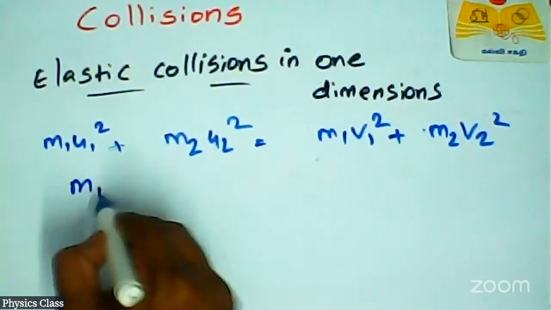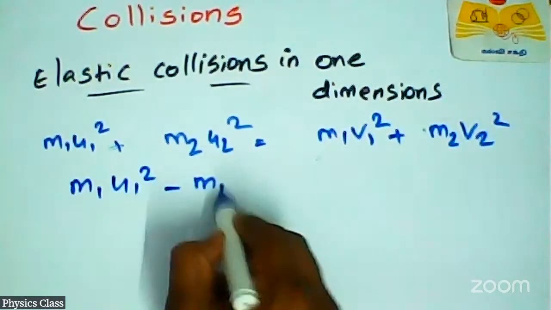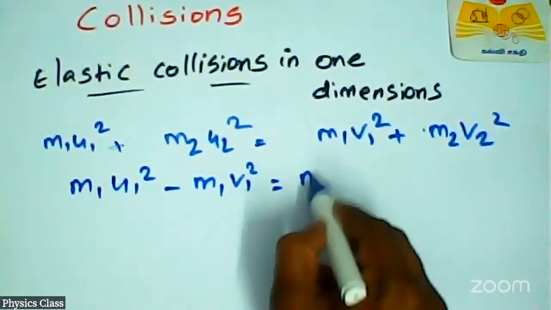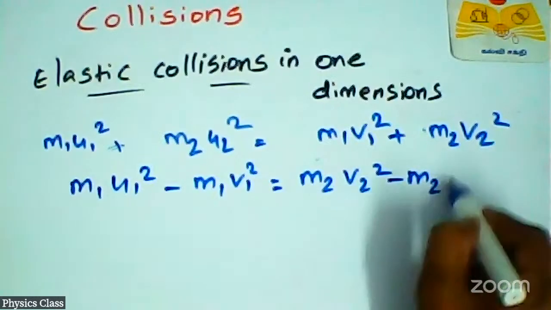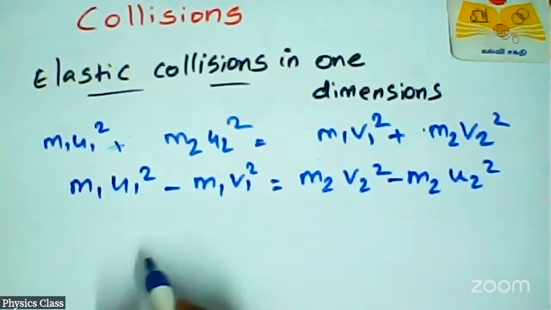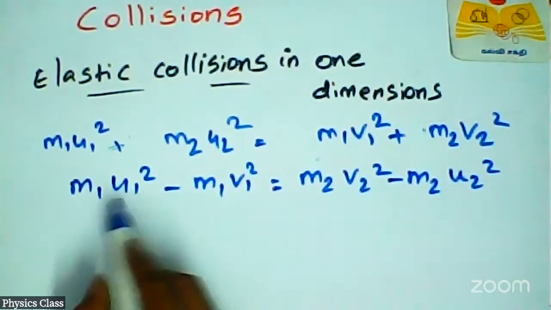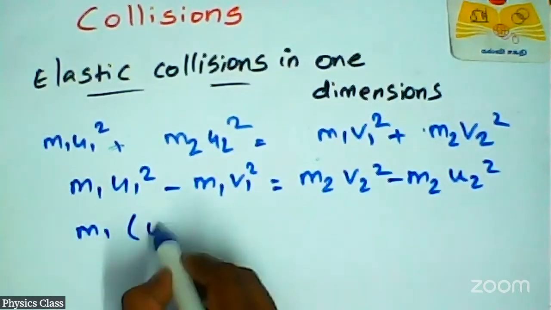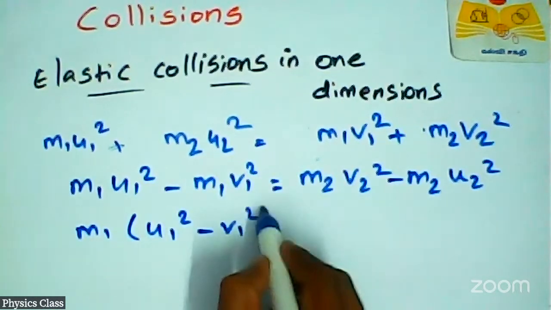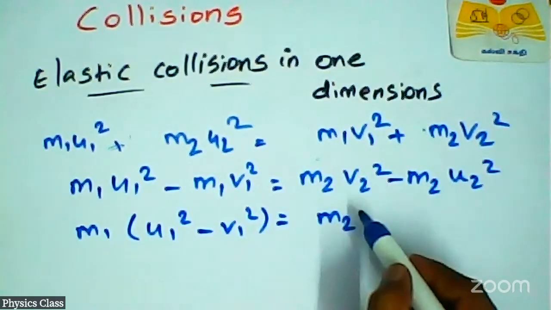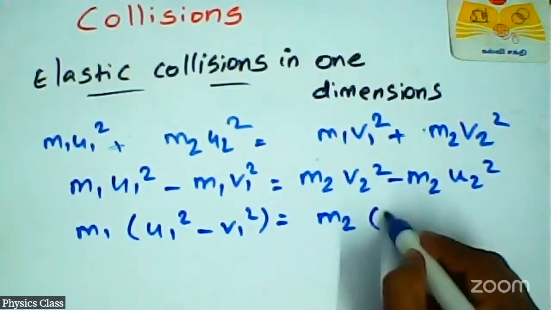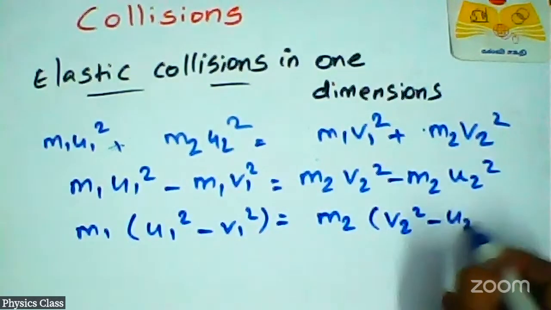So m1 u1 square minus m1 v1 square is equal to m2 v2 square minus this quantity. We can take m1 as common, so u1 square minus v1 square is equal to m2 taken out common, v2 square minus u2 square.